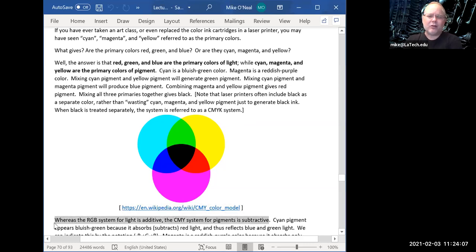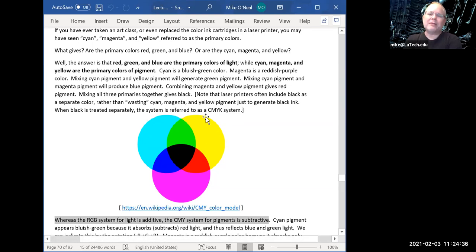If I want to get yellow light, I add red light and I add green light, and those two lights together show me yellow. So when you're looking at this on your screen right now, that color is being produced by pixels that are generating red light and green light, and they're generating those lights so close together that your brain is blending them and seeing yellow, okay?